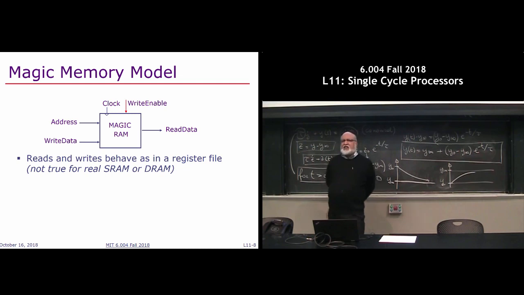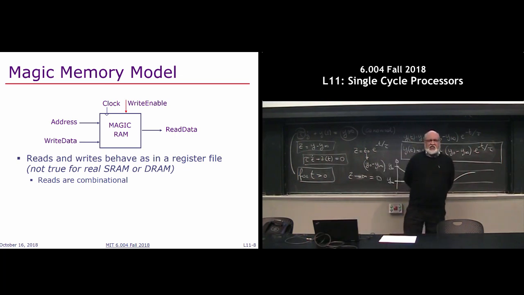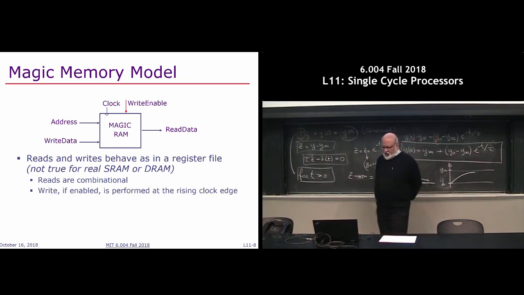So what I'm calling memory here really behaves like a register file, in the sense that, and that's not true for any SRAM and DRAM, which you will learn a lot about shortly. Okay, so reads are combinational. You can do them anytime you want.